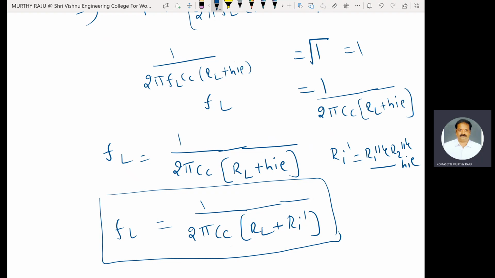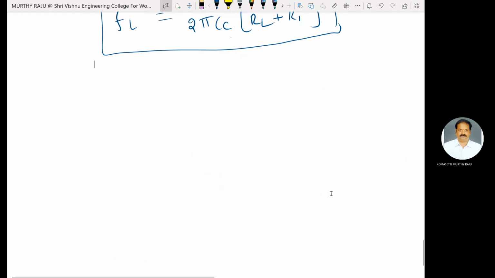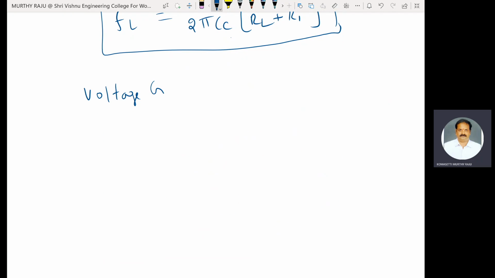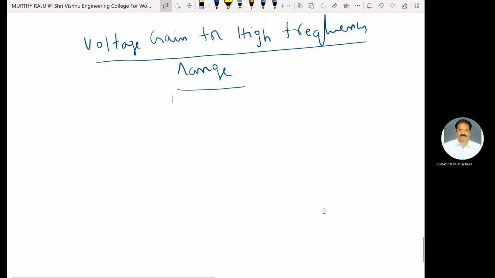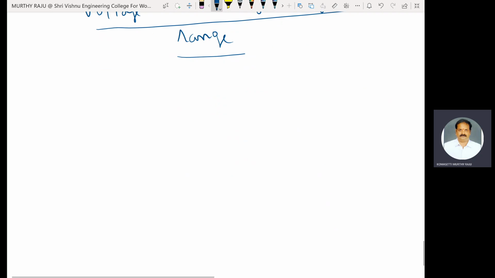Next one is the voltage gain for the high frequency range. We need to draw the model at high frequency range.